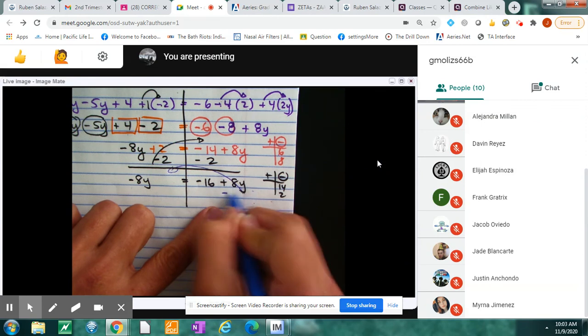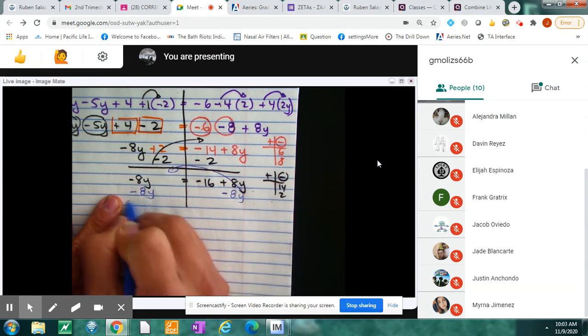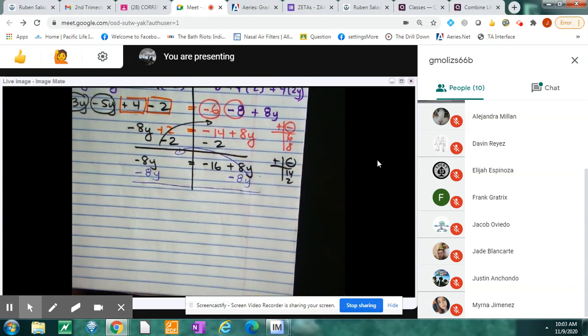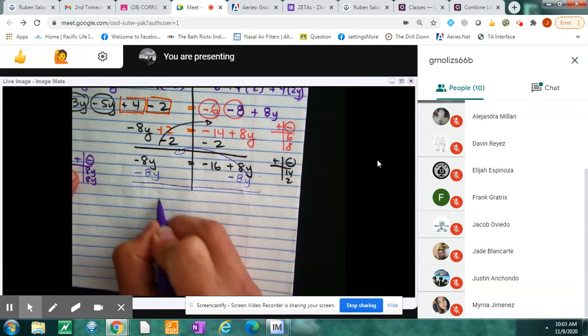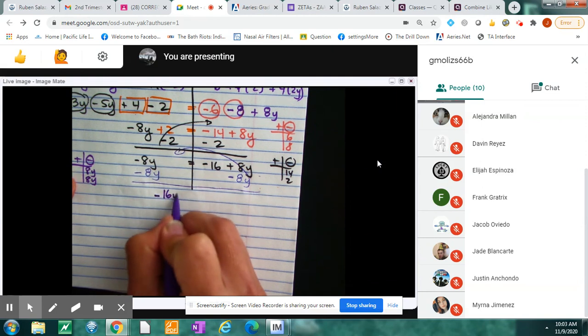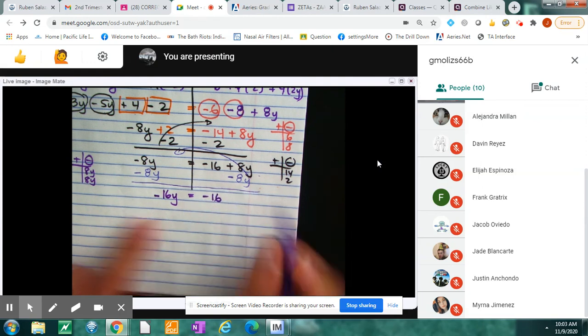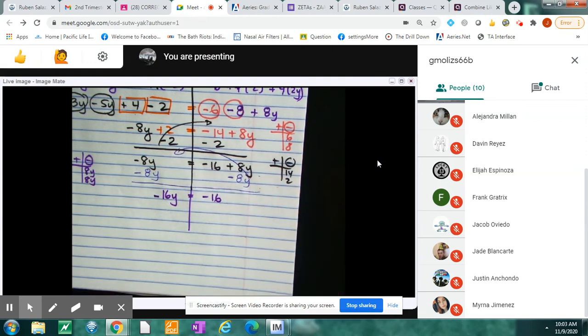So then it's negative 8y, negative 8y. See that? I mean, you could if you want, but it's going to be 0. So now we do a t-chart. Negative 8y, negative 8y. That's going to give me negative what? Negative 16y equals negative 16, right? Now I could divide.